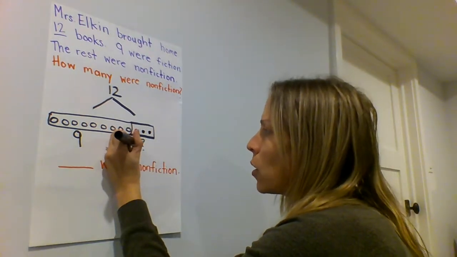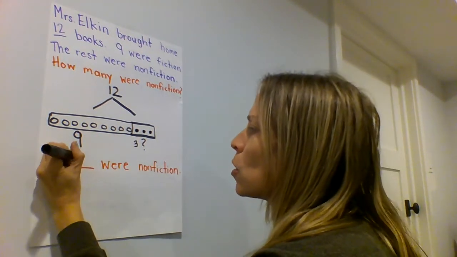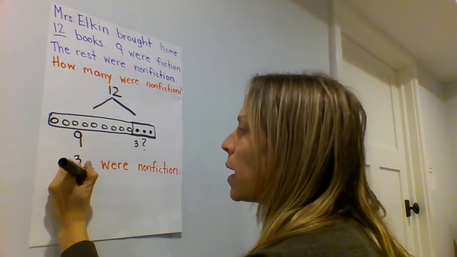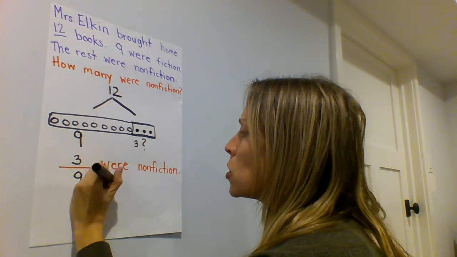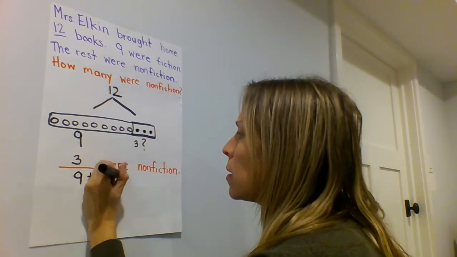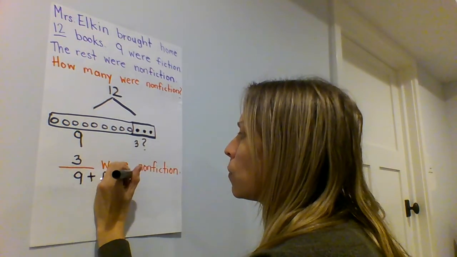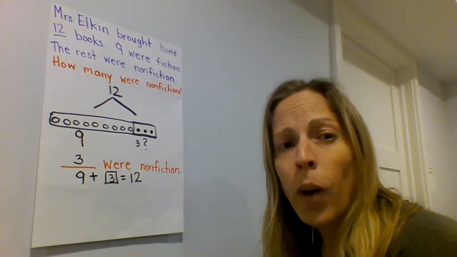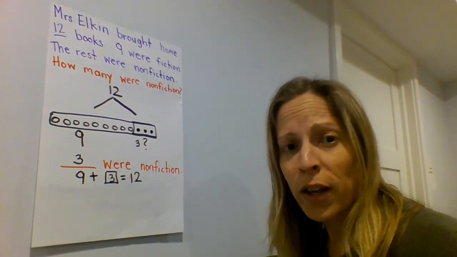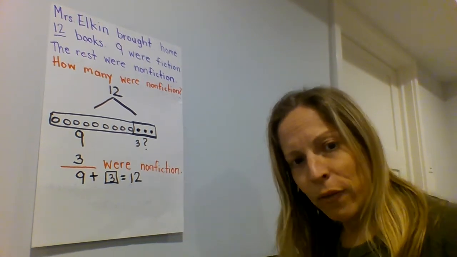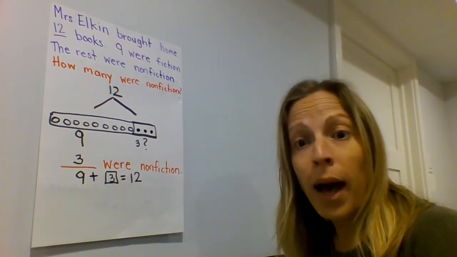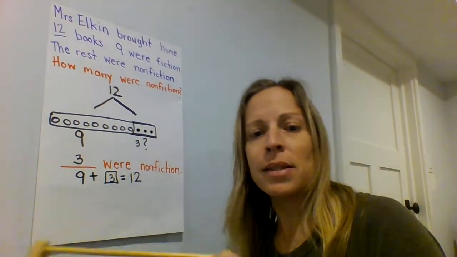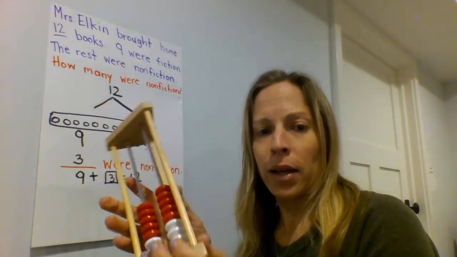So now I know this part is 3. 3 were nonfiction, and I can write 9 plus the part we solved for, which is the mystery, 3 equals 12. 3 were nonfiction. So I brought home 12 books in all. 9 were fiction. The rest were nonfiction. 3 were nonfiction.